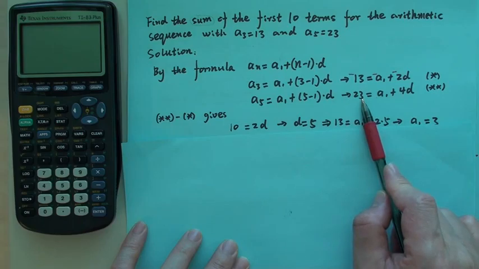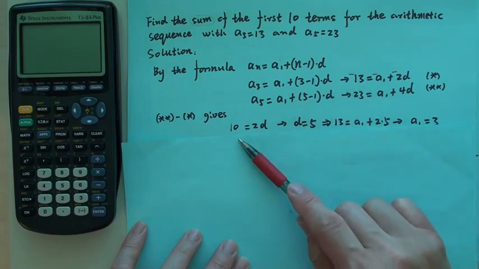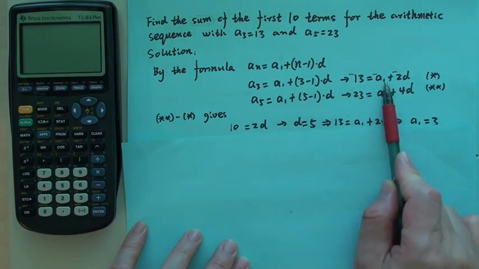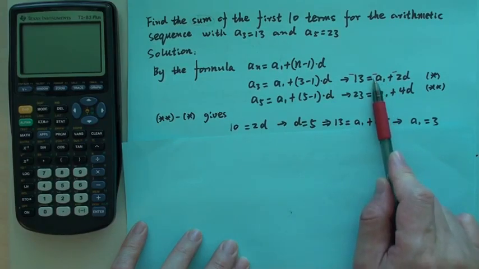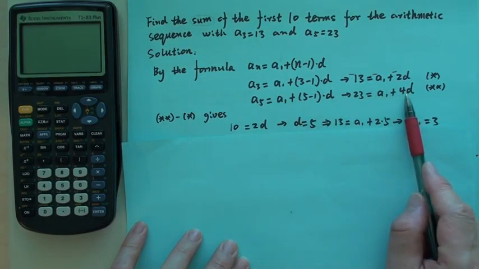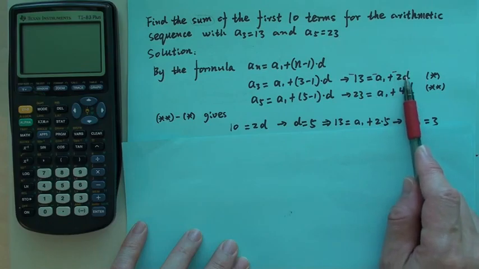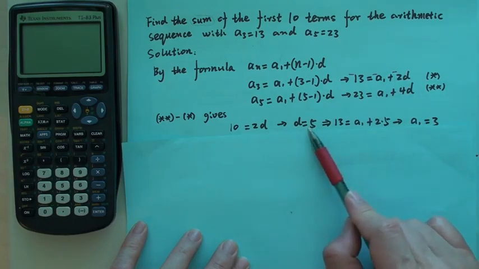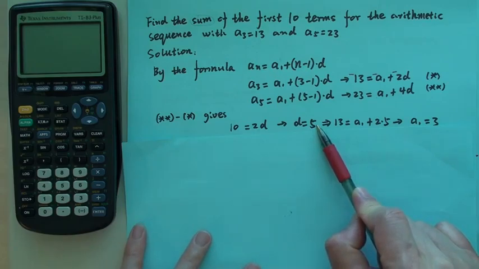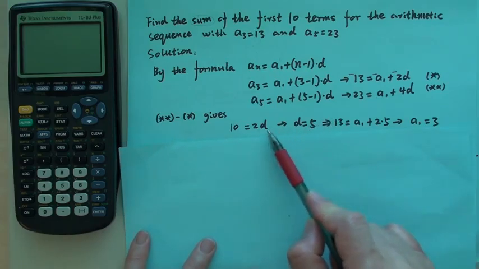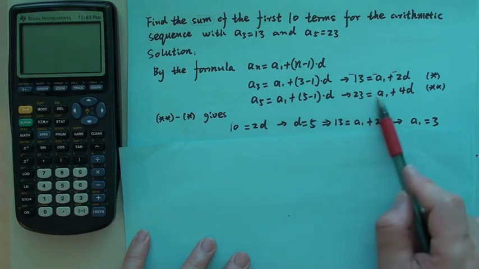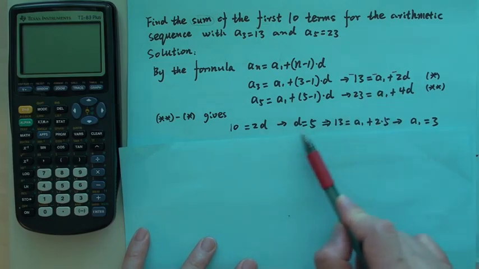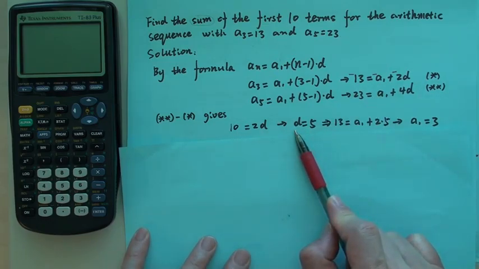So 23 plus negative 13 is 10. The a1 terms cancel each other because one is negative. And 4d plus negative 2d is 2d. Then d comes out to be 5, because 2 times 5 is 10. That's good news.